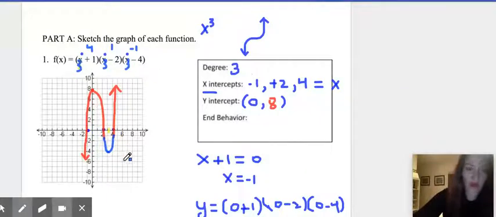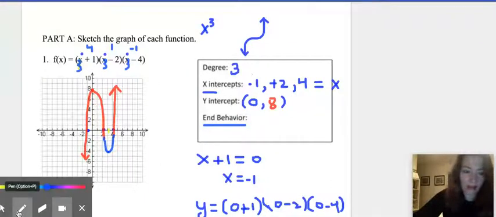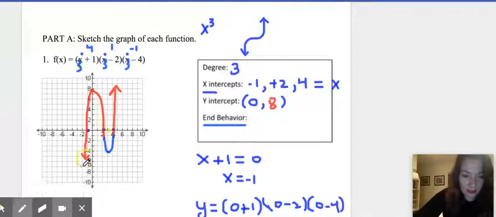All right, the last thing we want to talk about for this graph is the end behavior. Just like the word specifies, that's what happens at either end of the graph. So let me go ahead and show you what the ends are. We have one end here on the left, and we have one end here on the right.